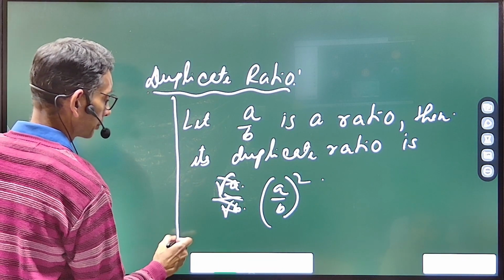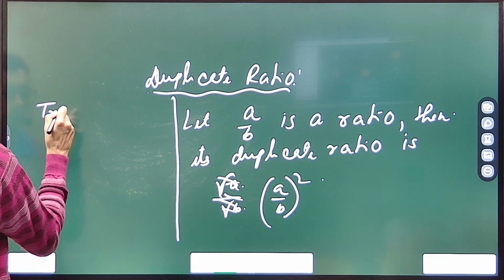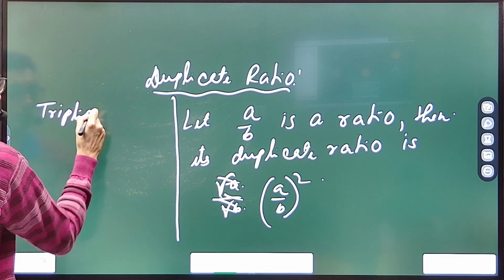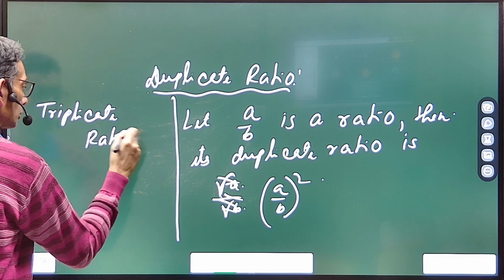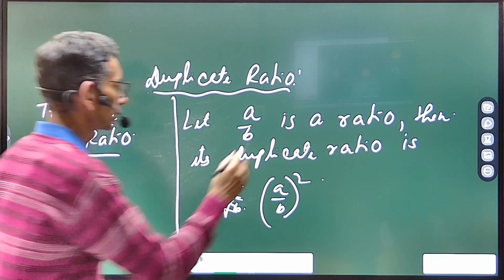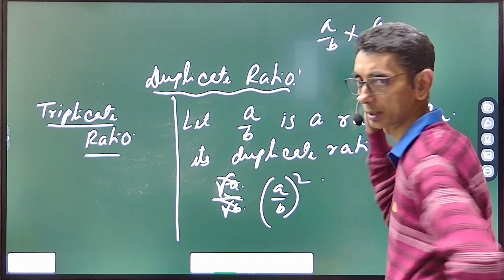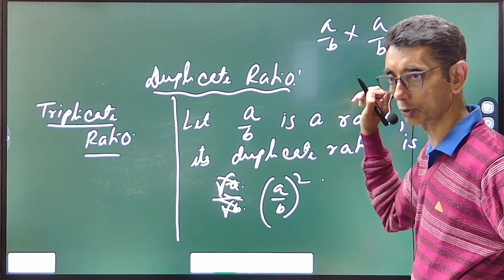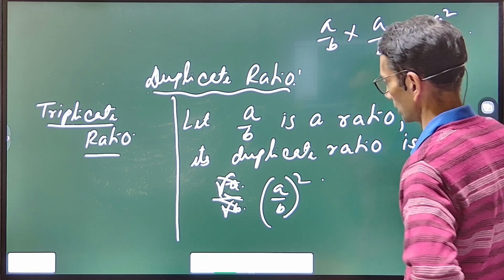This one, root A by B, will come later on. Now the triplicate ratio. Duplicate ratio means if you multiply the same ratio twice, A by B into A by B, then you get the duplicate ratio. That is A square by B square.